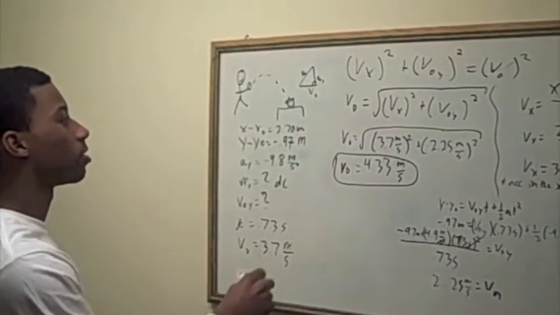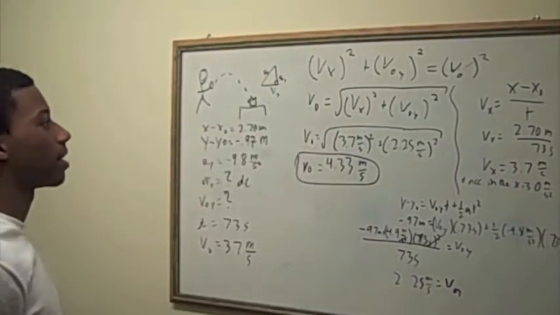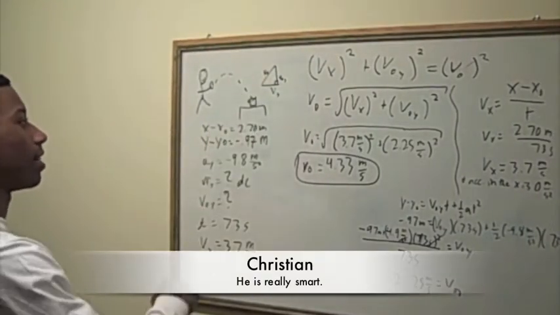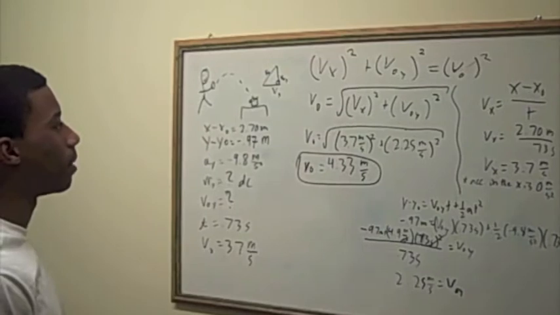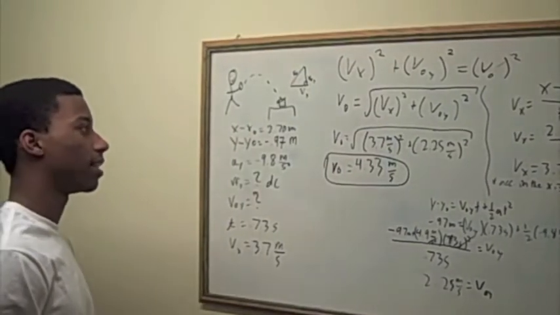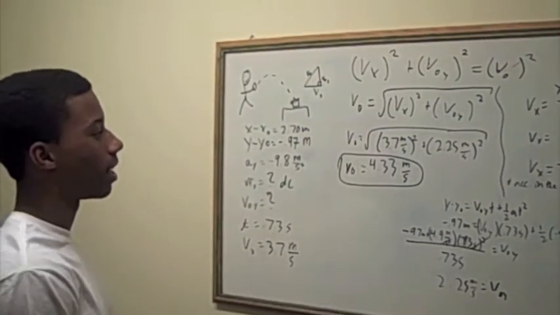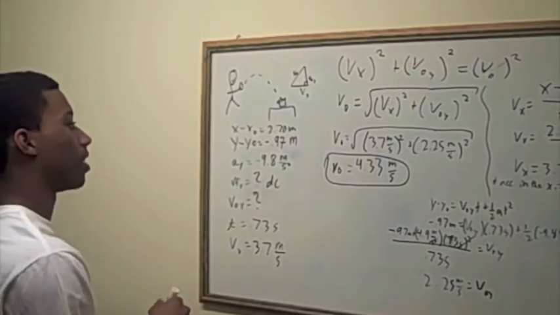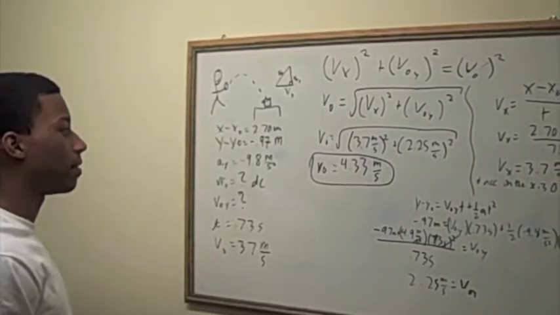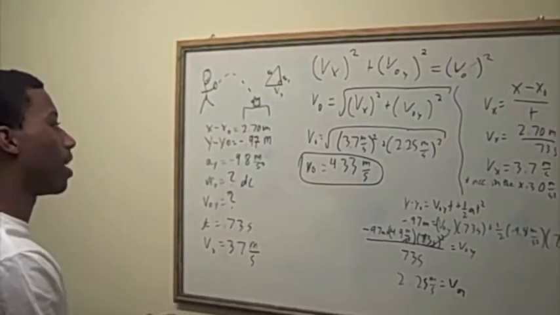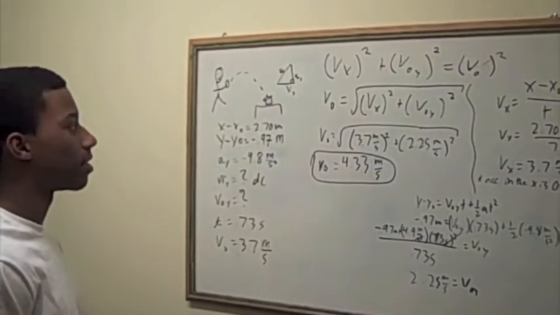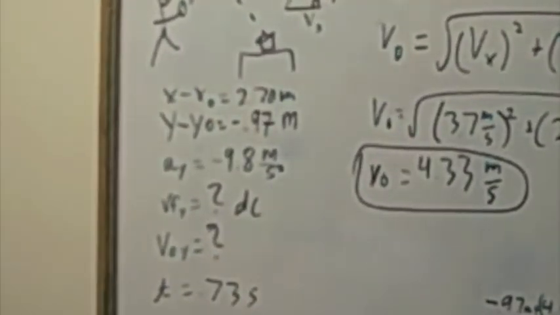Alright, to find the initial velocity of the ball that we threw in the cup, we have to calculate the components of the ball using the initial velocity in the x and the initial velocity in the y. The displacement in the x is 2.7 meters. The displacement in the y is negative 0.97 meters, since up and right is positive.